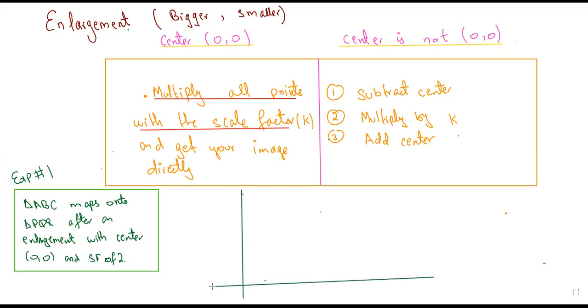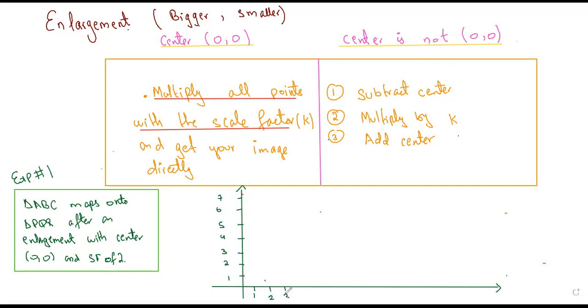This is the x-axis. This is the y-axis. This is 1, 2, 3, 4, 5, 6, and 7. And then we have 1, 2, 3, 4, 5, 6, and 7.